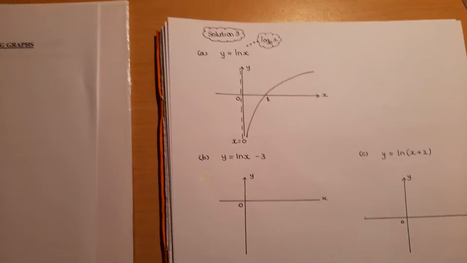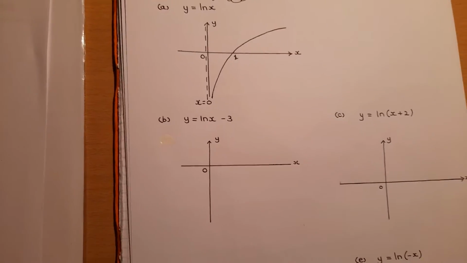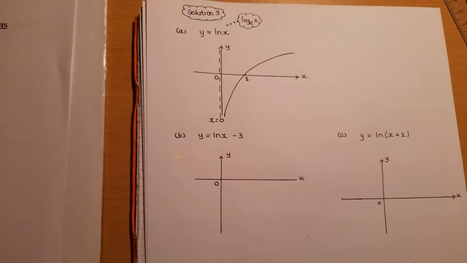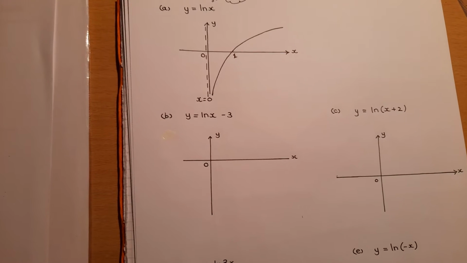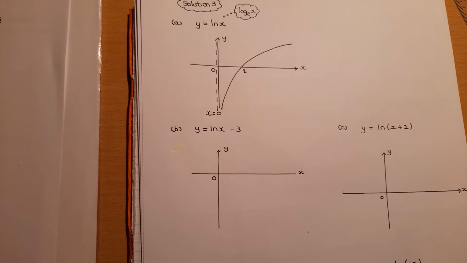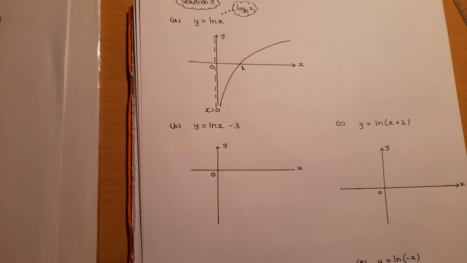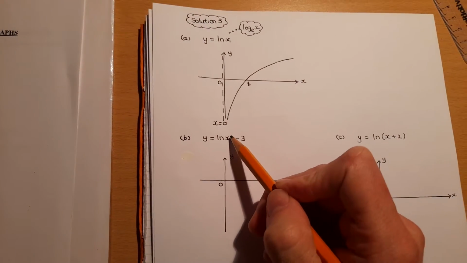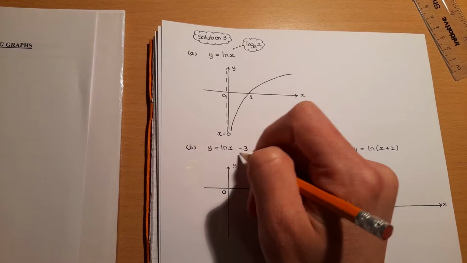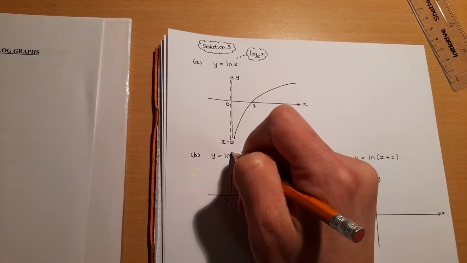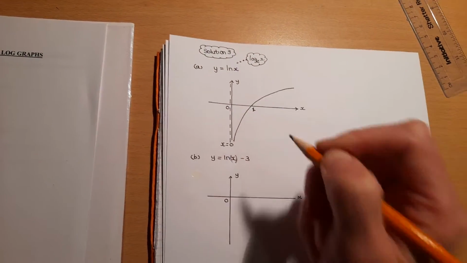Now, in order to decide how the basic log graph is transformed, what you need to do again is put the bit that comes immediately after the log in brackets. So if we look here at part B, the bit that comes immediately after the log is just x, not minus 3. It's totally separate. So put brackets around x.